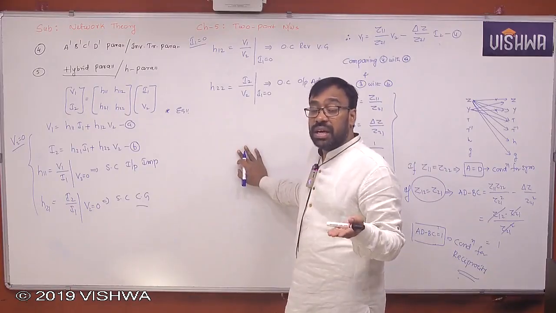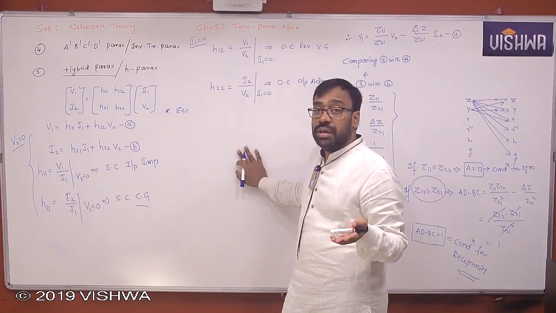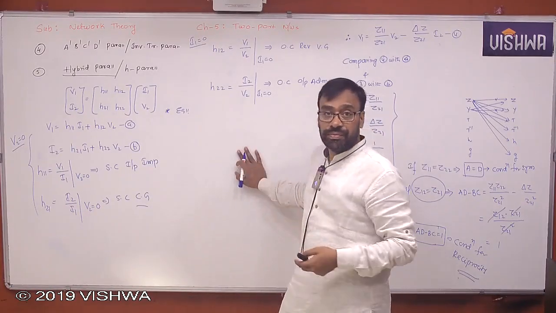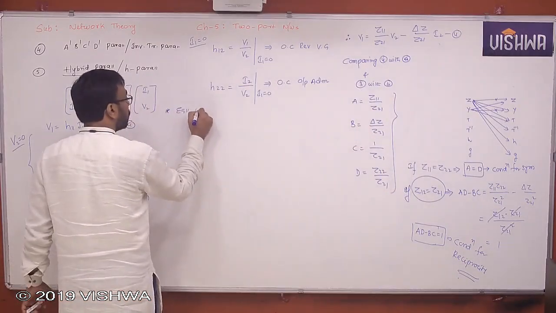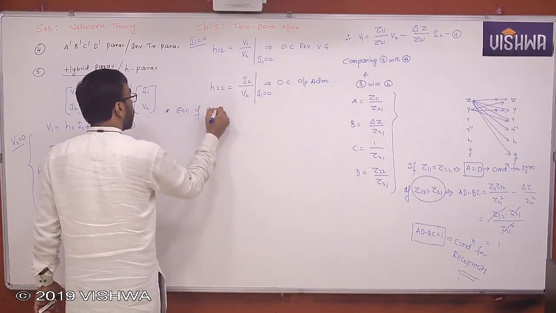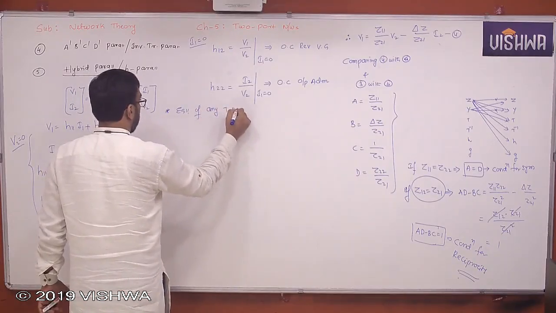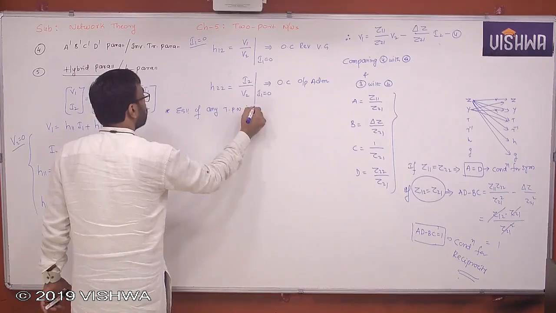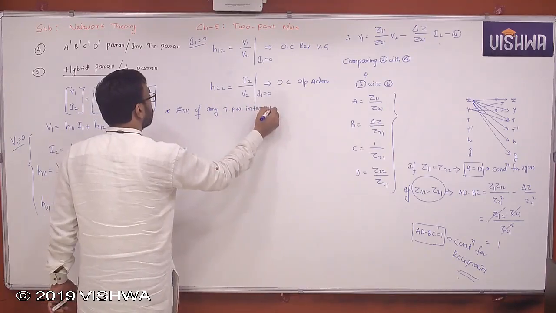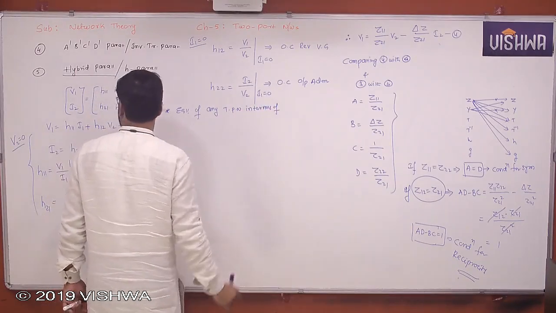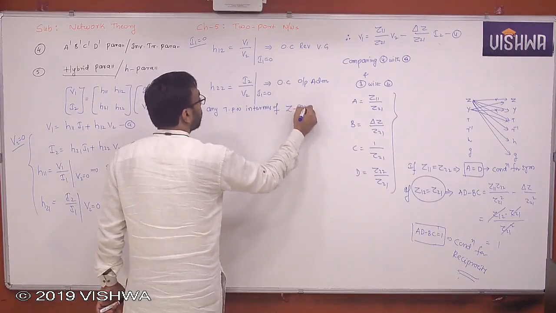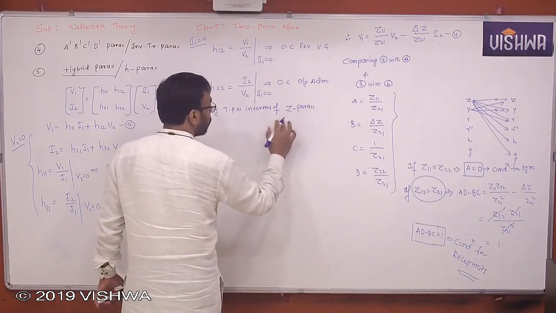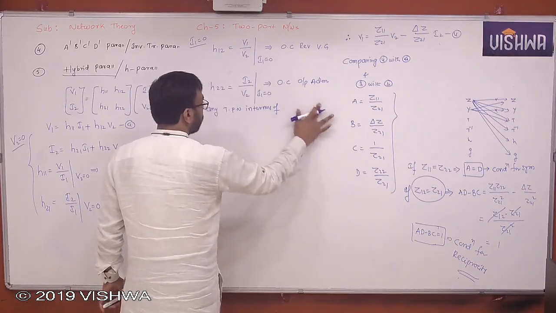You have seen in ABCD parameters, it was not the same case. Yes or no? But here it is possible. Equivalent of any two-port network in terms of Z parameters. Oh, I'm sorry, equivalent in terms of H parameters.